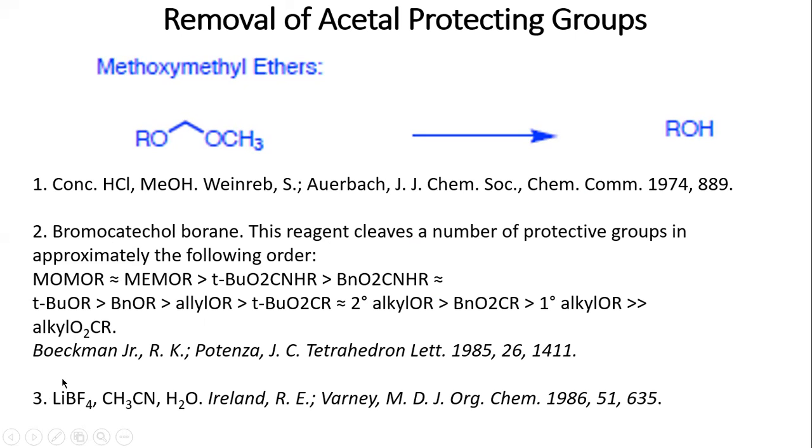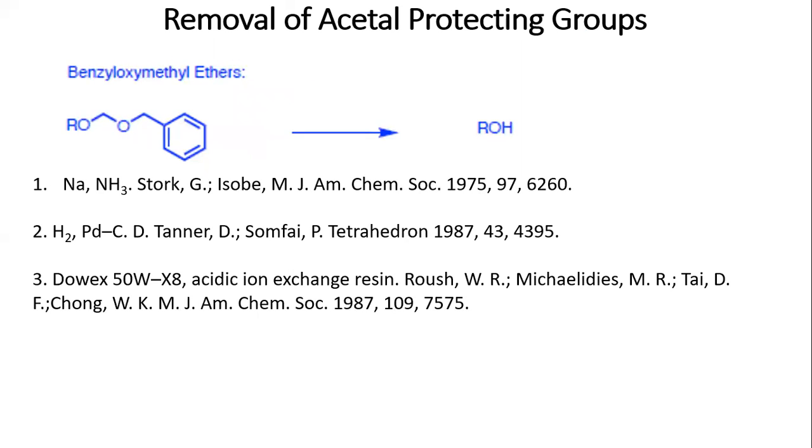And then you can use lithium tetrafluoroborate also to remove certain ether protecting groups. Same here with benzyloxymethyl ethers or BOM ethers. You use sodium and ammonia, and anytime you see sodium and ammonia together, you know that is a one electron process.